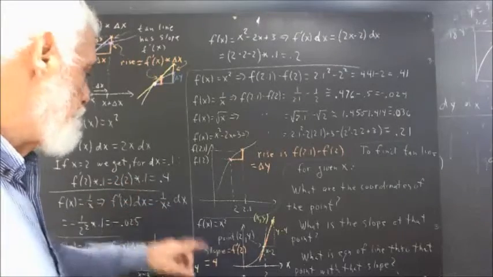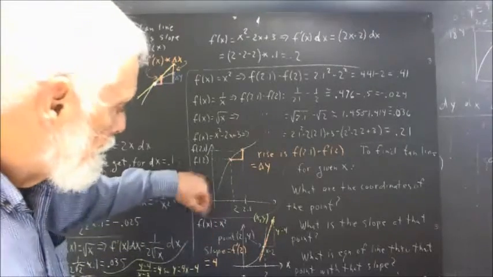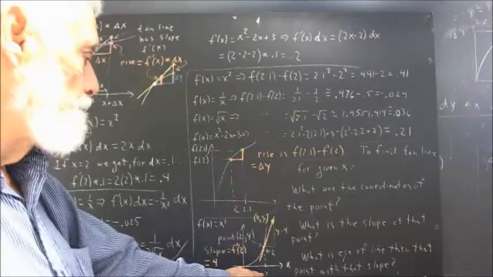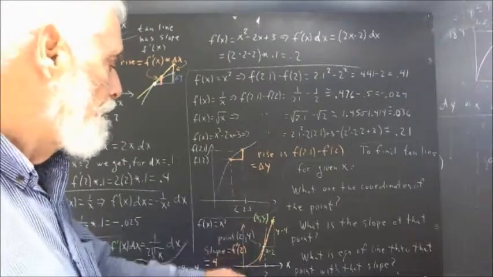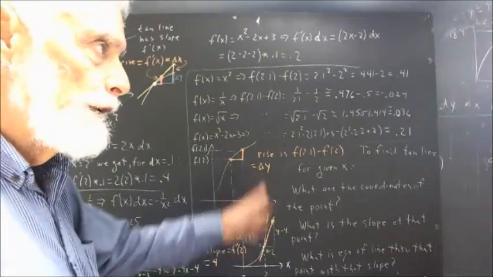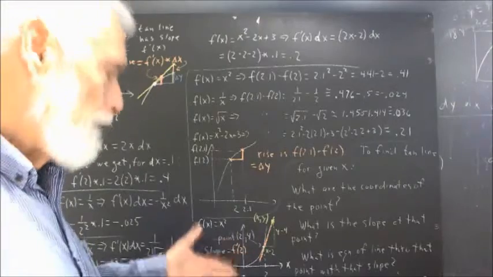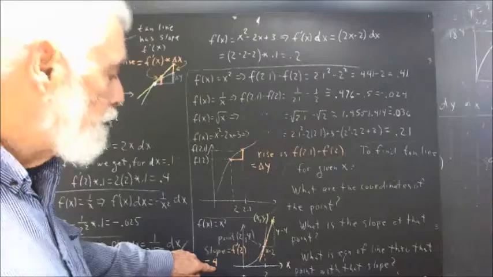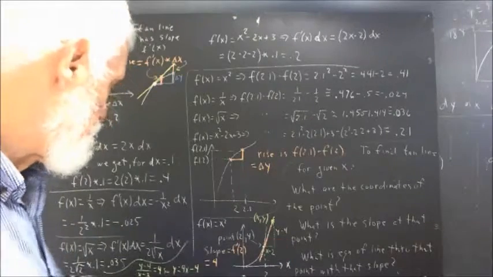Okay, so the slope of the f of x equals x squared function at the point where x equals 2 is 4. The point corresponding to x equals 2 is 2, 4. So to find the equation of the tangent line, we find the equation of a line through 2, 4 having slope 4. So it's very straightforward.